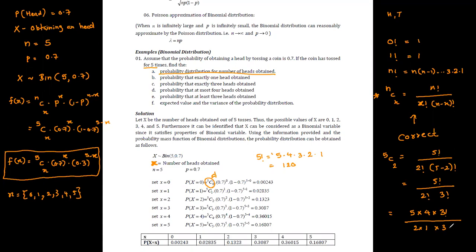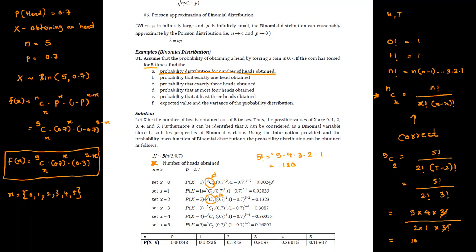Since 3 factorial is here, 5 times 4 is 20, divided by 2 is equal to 10. Therefore here we can take this value equals 10. But using this proper calculation, you can obtain these values.